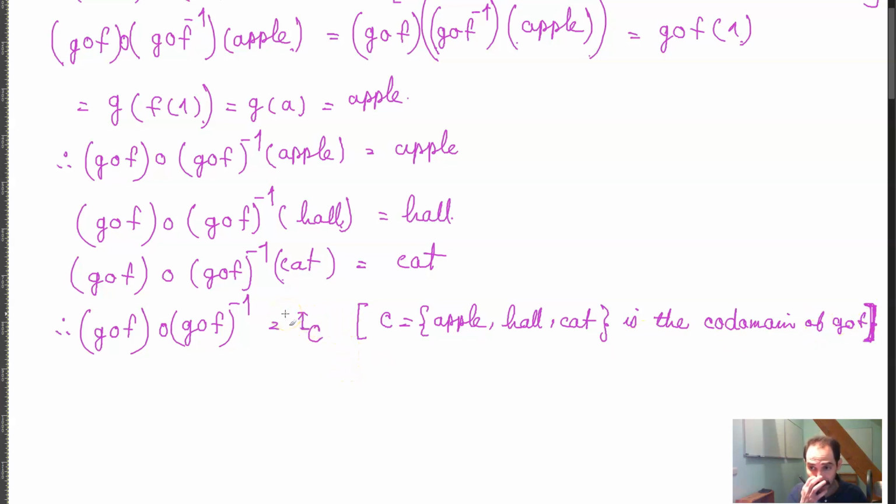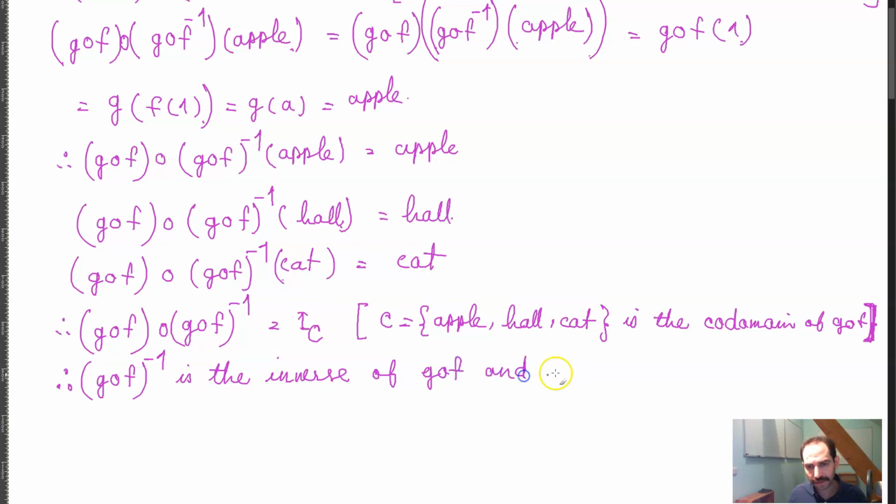Which means that GOF inverse is actually the inverse of GOF, and that GOF is invertible. So that's what it means.